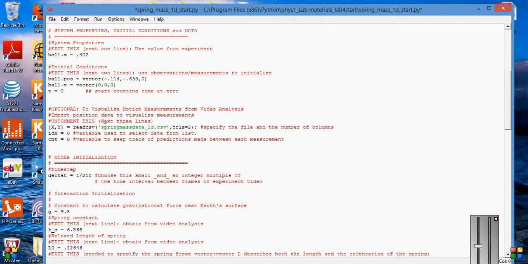And here we simply read our CSV data. We used a very small t-step that we were given. G is equal to 9.8, K is the spring stiffness we determined. The initial length, or L naught, we determined as well.